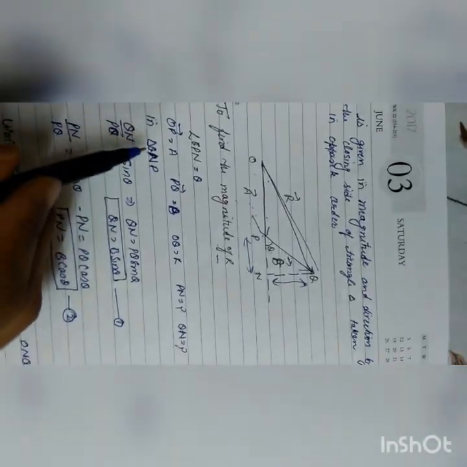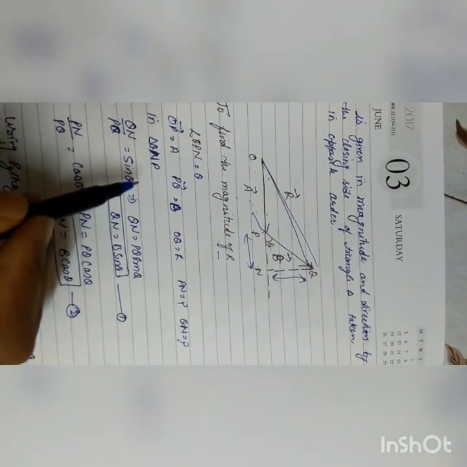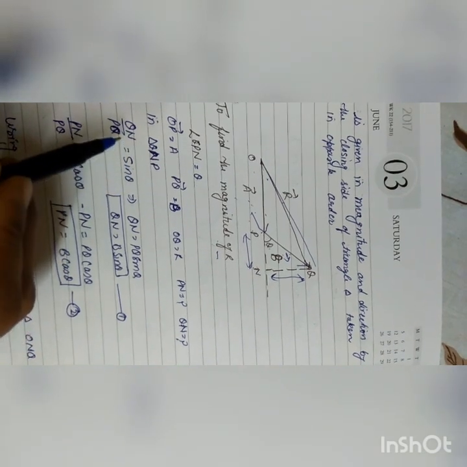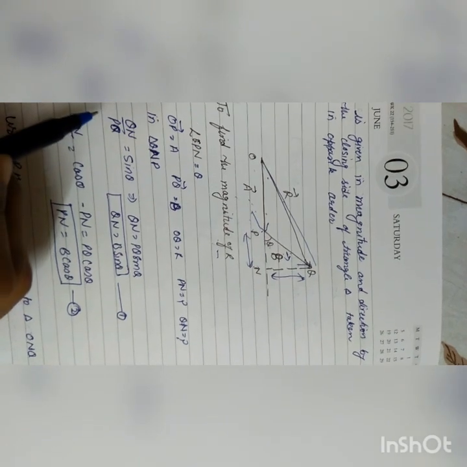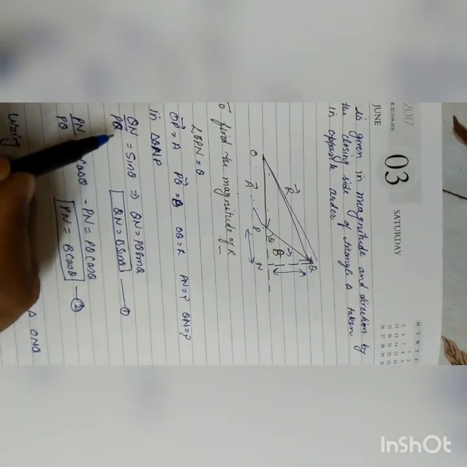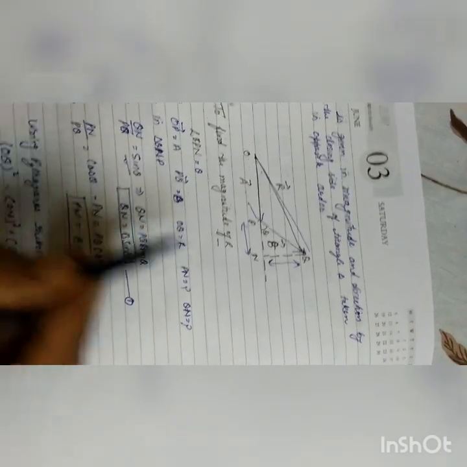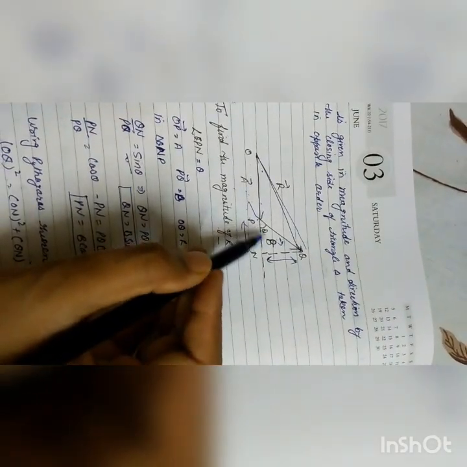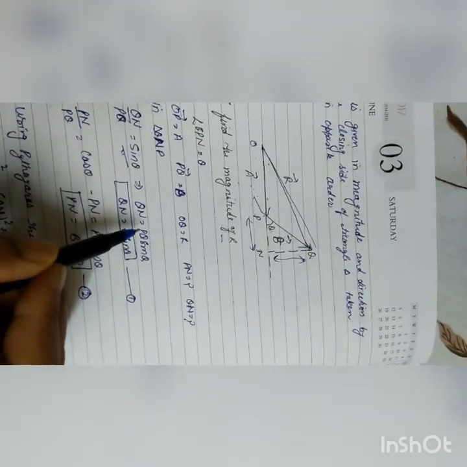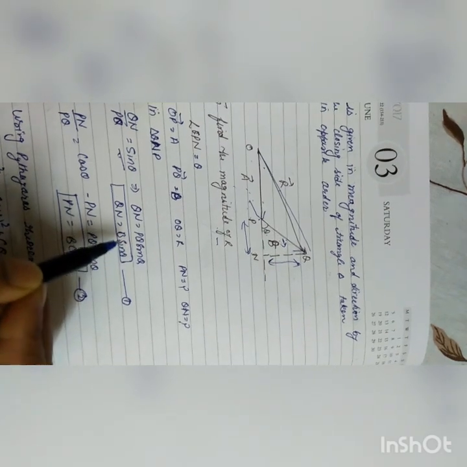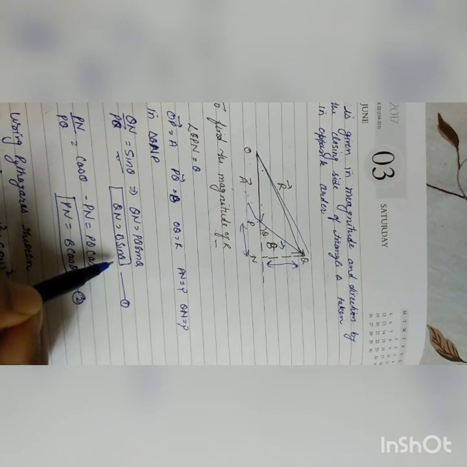Now, in the triangle QPN, apply the trigonometric ratios. QN upon PQ is perpendicular upon hypotenuse, which is sine theta. Theta is the angle made between the QP and PN line. QN is equal to PQ sine theta. PQ is represented by B, so QN is equal to B sine theta.